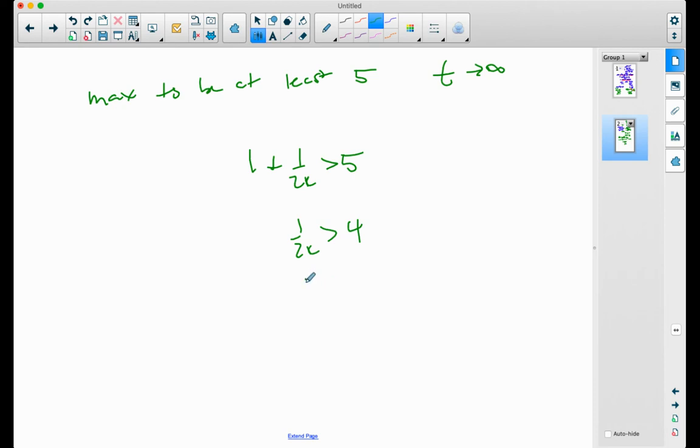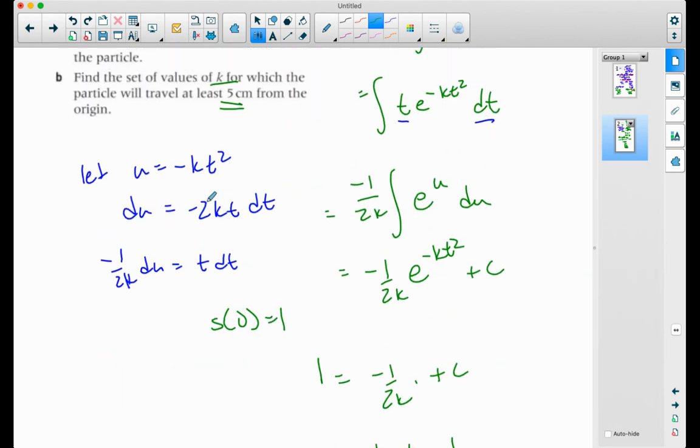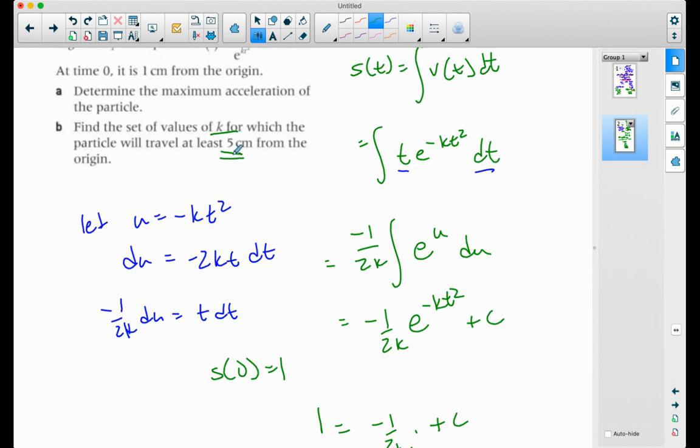I'm going to multiply by the 2k, I get 8k. And I'm going to divide by 8. And so if I flip it around, k is less than 1/8. So if k is less than 1/8, then I know that this function here will be 5 or more units away. It will travel at least 5 units away from the origin.